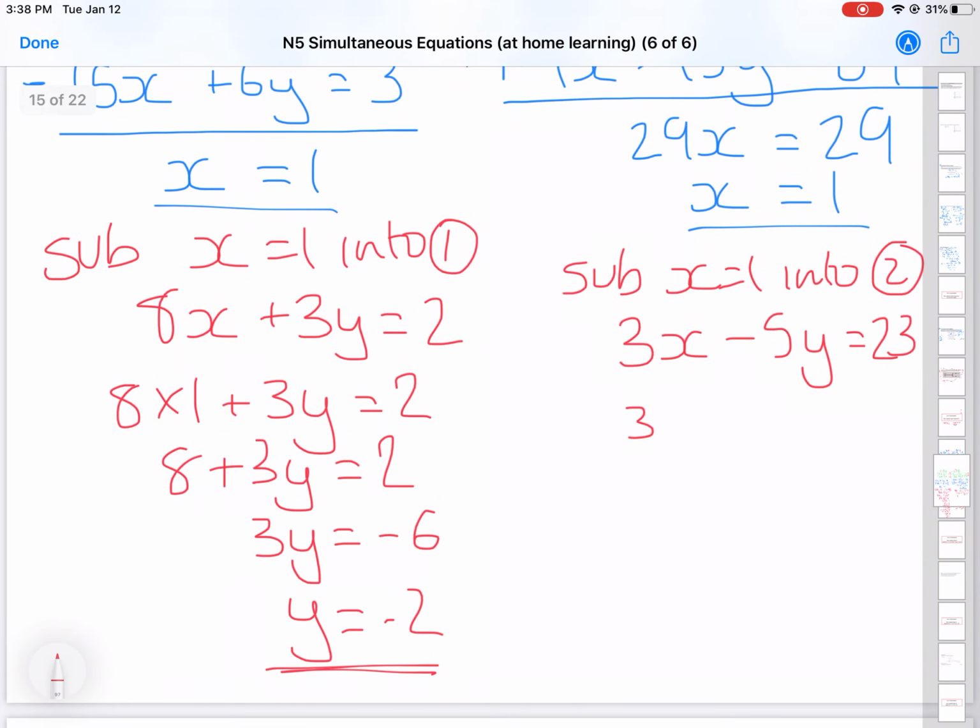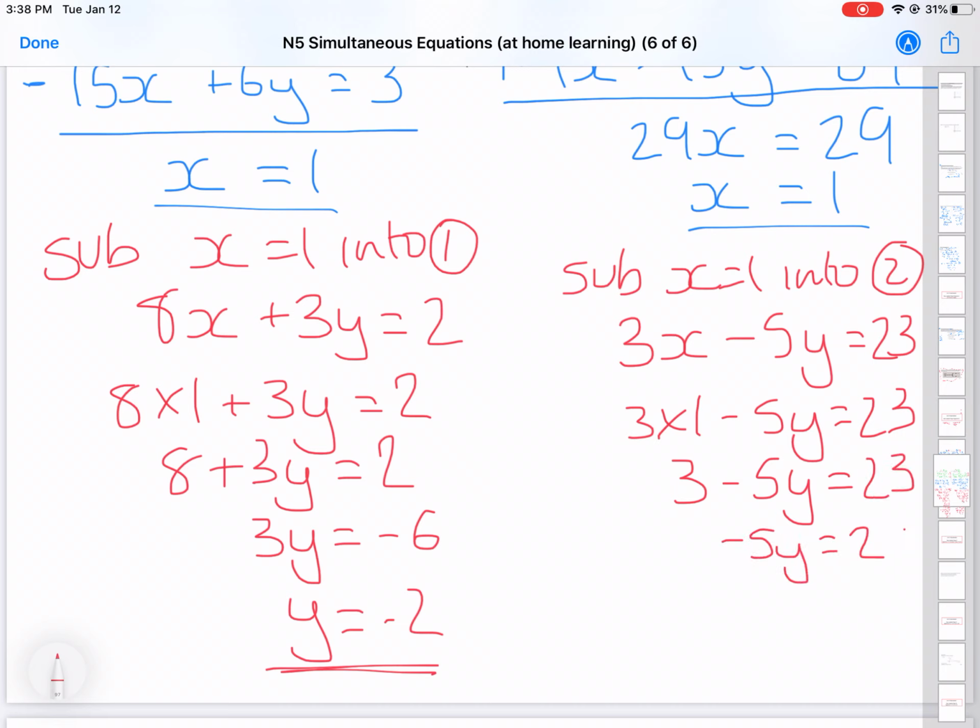Substitute that in, so 3 times 1 minus 5y equals 23. 3 minus 5y equals 23. Minus 5y equals 20 if we take away the 3. So y then is negative 4, dividing by that minus 5.